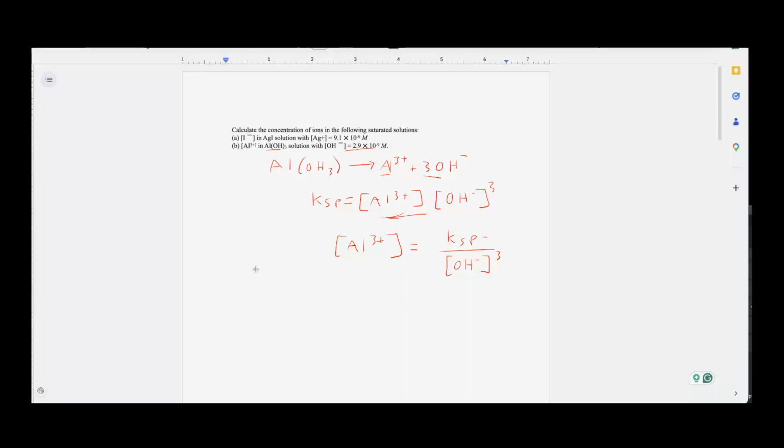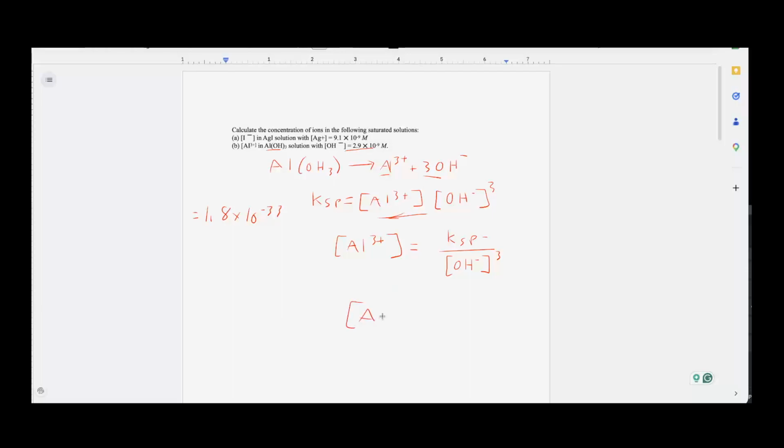Since that isn't given to us, you can either look it up in your chemistry textbook or ask your teacher, or you can do a quick Google search. And that value is going to be equal to 1.8 times 10 to the negative 33. And then our concentration of hydroxide ions is given to us up here.